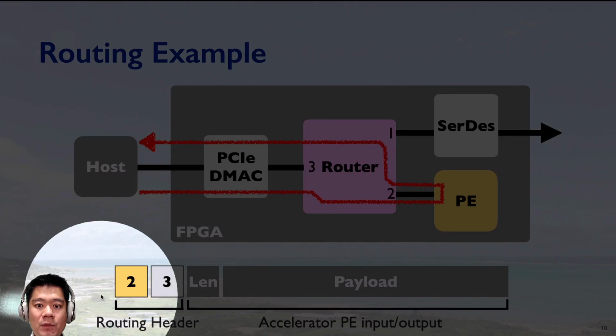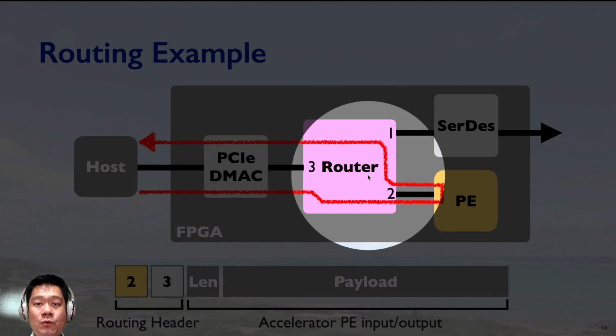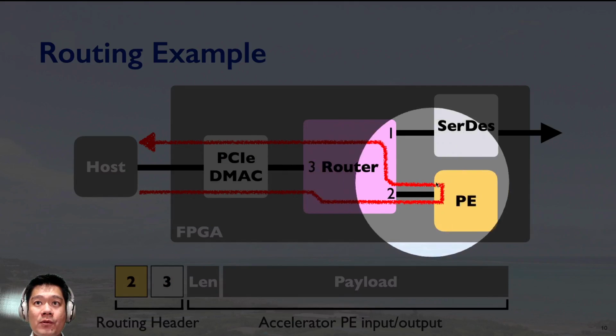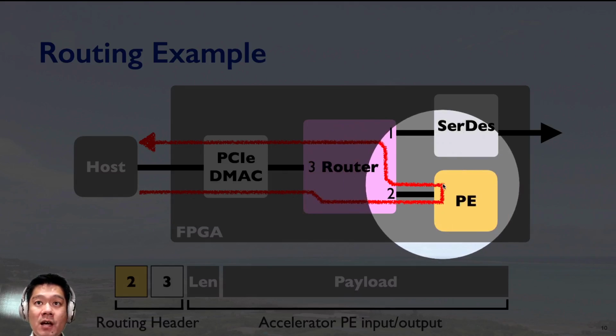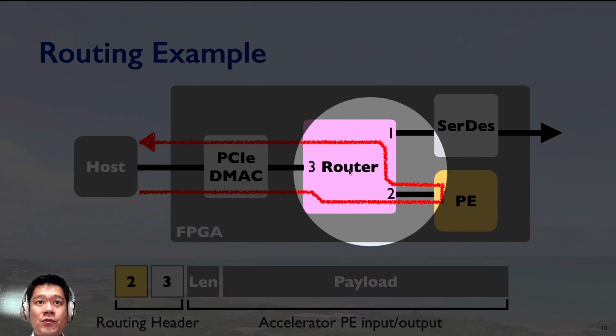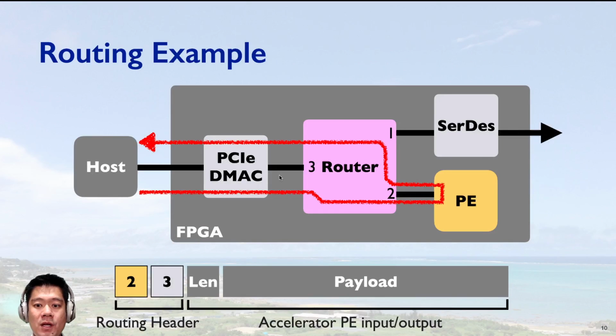So the data stream goes to port 2 of the router. There is a processing element. Then the output of the PE will go to port number 3 according to the routing header. It's a PCI Express interface to the host.